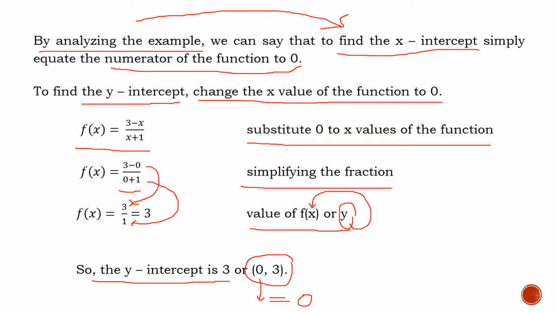There are no other values that you can put on it if you're dealing with y-intercept. It's automatic that the x coordinate of a given point that will represent your y-intercept is always equal to 0. It must be equal to 0 all the time.